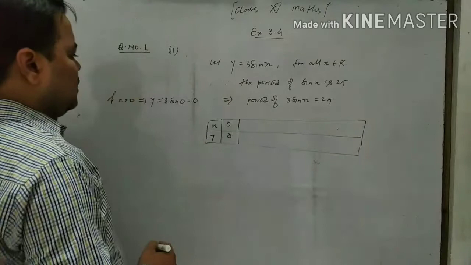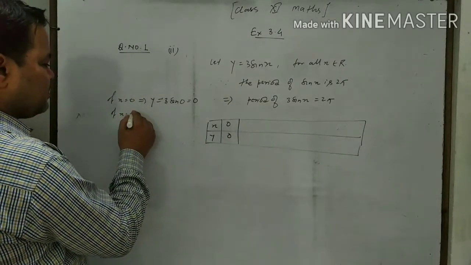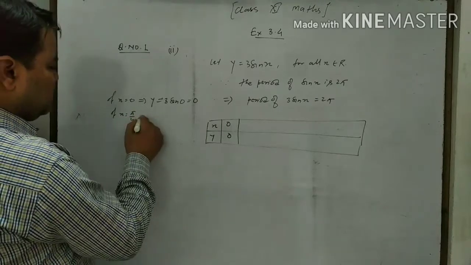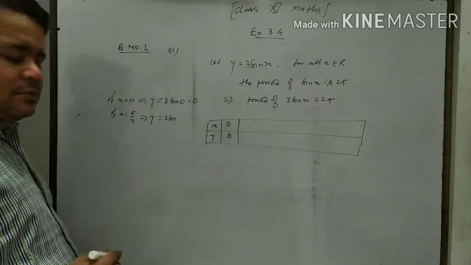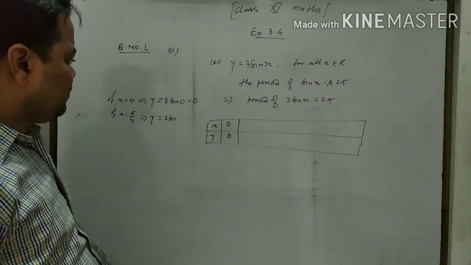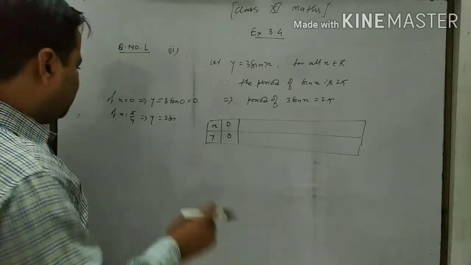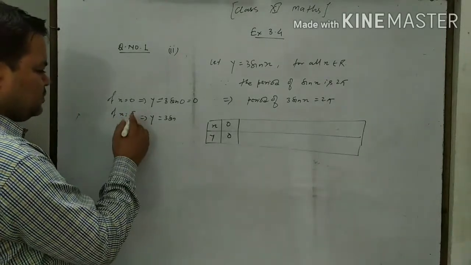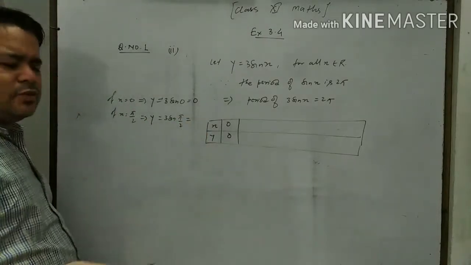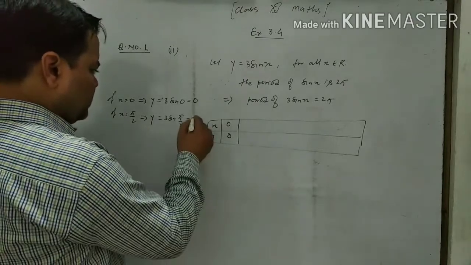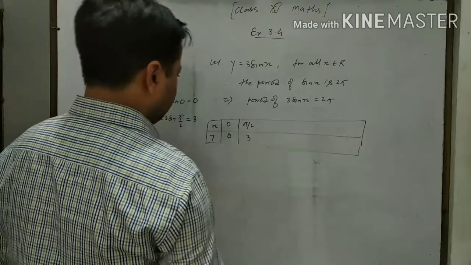Now if x is equal to 45 degrees, means pi by 4, sin 45 is equal to 1 by root 2, which will be difficult, therefore we will take pi by 2. It will be 3 sin pi by 2, and sin pi by 2 is 1. It means its value will be 3. At pi by 2 it will be 3.